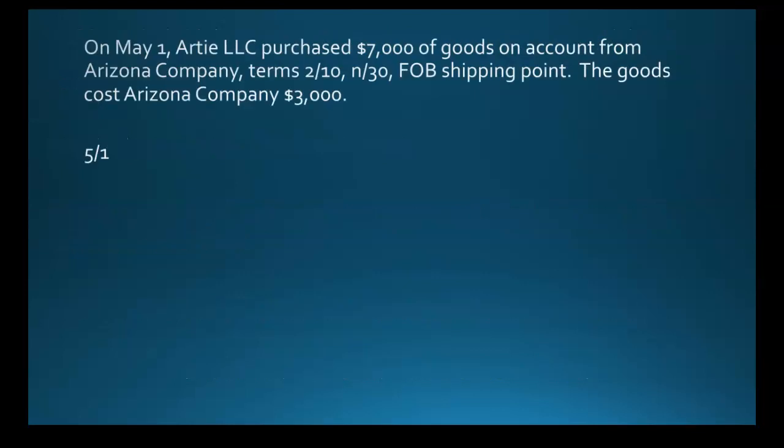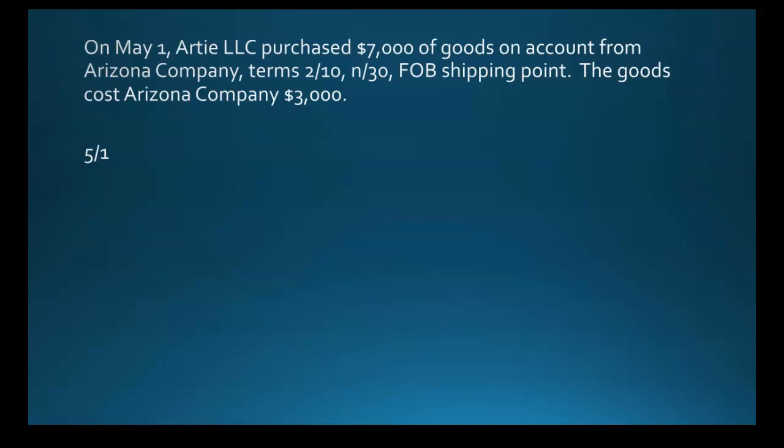So let's look at this first one. Artie LLC is purchasing $7,000 of goods on account from Arizona Company, terms 2/10 net 30, FOB shipping point. So what this is saying is that Artie is buying inventory. They're buying these goods that cost $7,000. They're purchasing them on account.